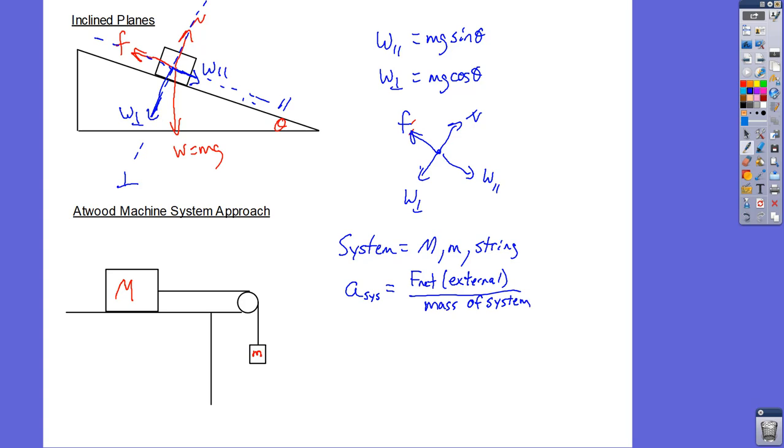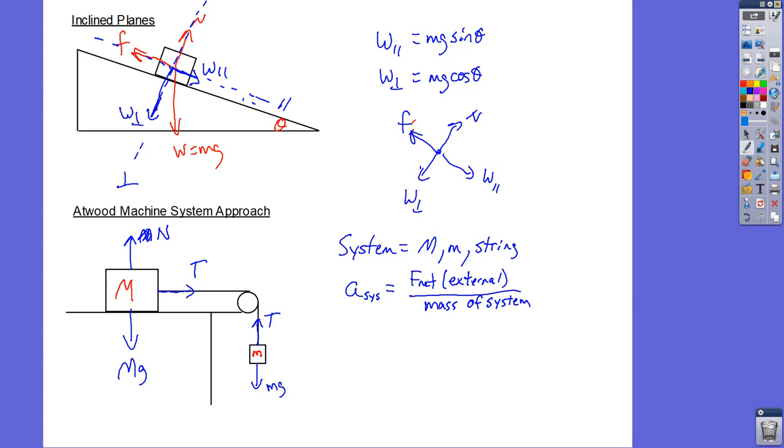If we look at the forces on these objects, we're going to have a tension T and a weight force little mg. This one will have a tension T. This will have a force big N, that's the normal force, excuse me. And this one is going to have a weight force big M G.